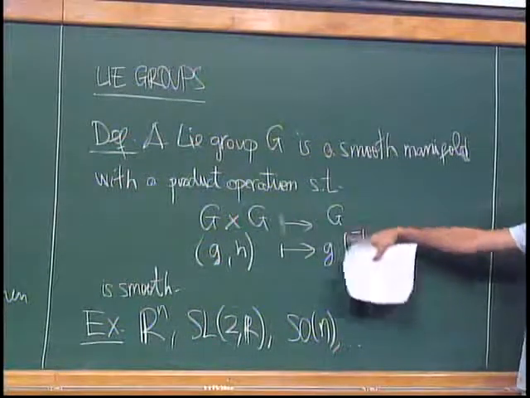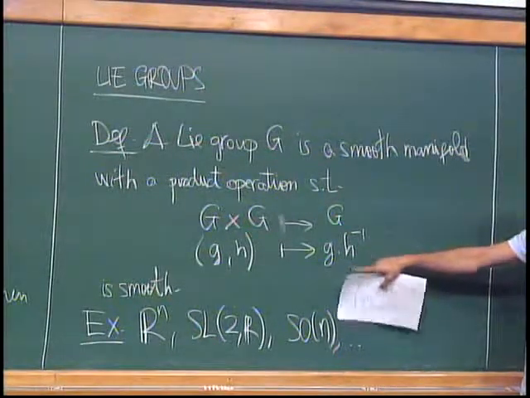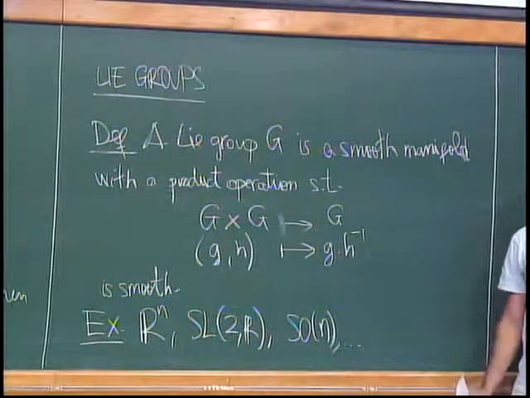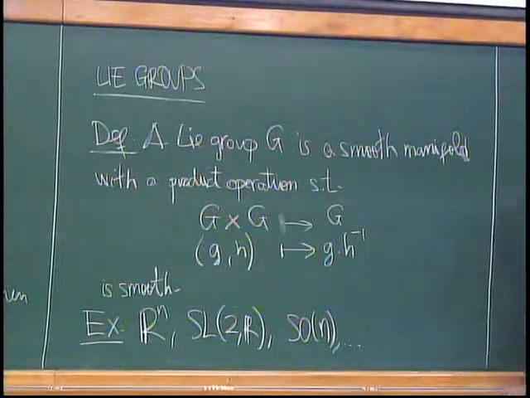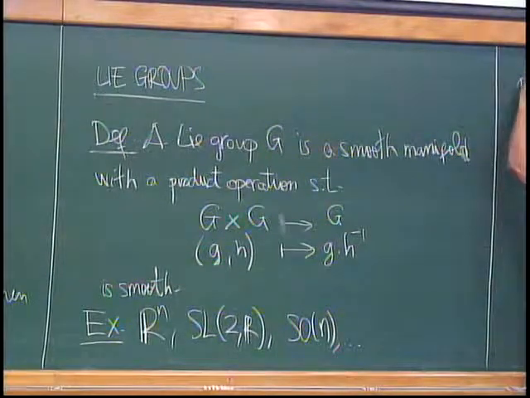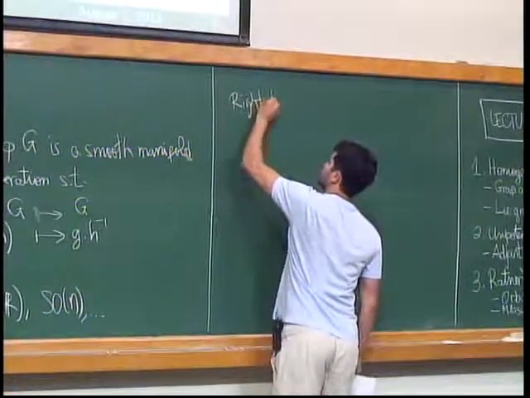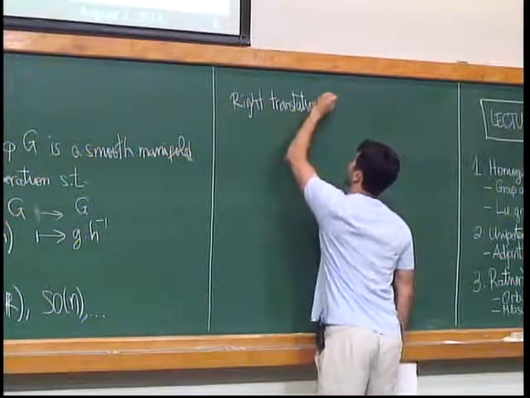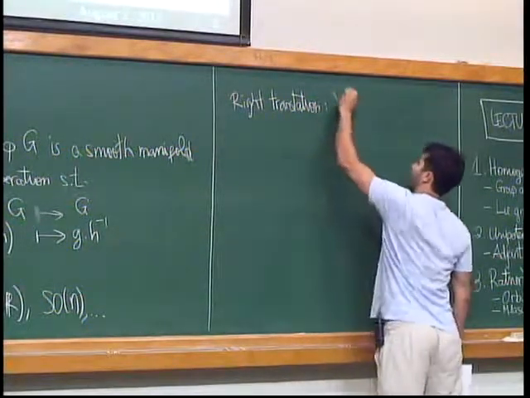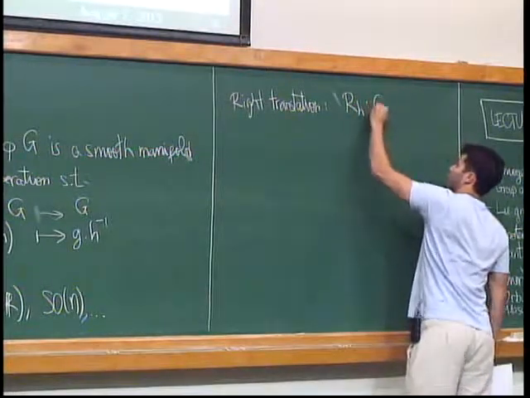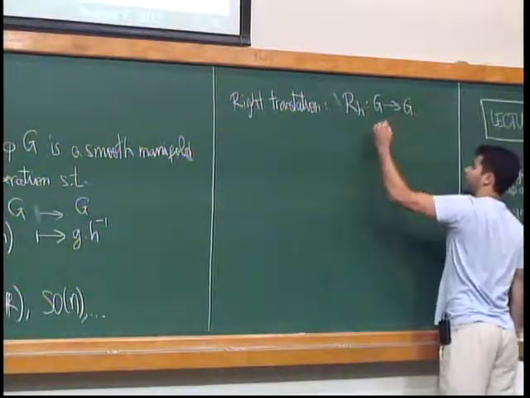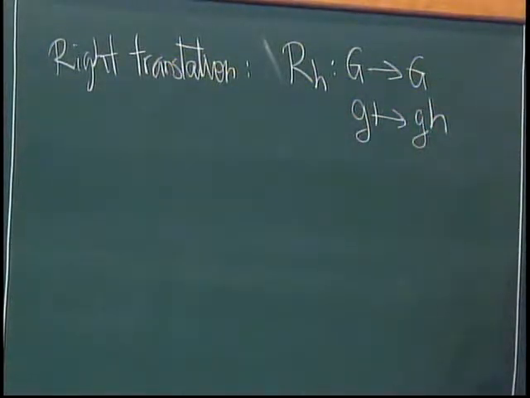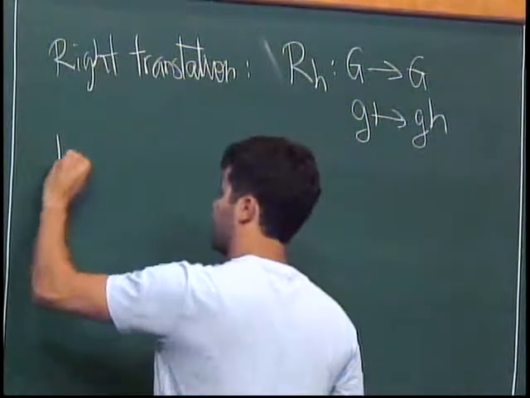So once you have these things, you have two special maps on your Lie group, which are the translations. So you have the right translation, which is a map R_h, and what does it do? It gets an element of the group and multiplies by h on the right. Okay? And we have a left translation.